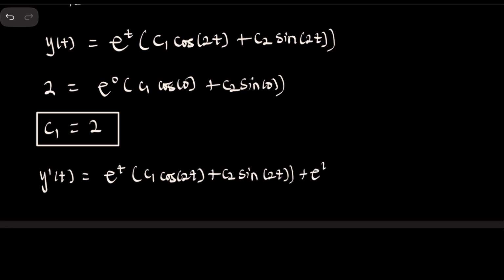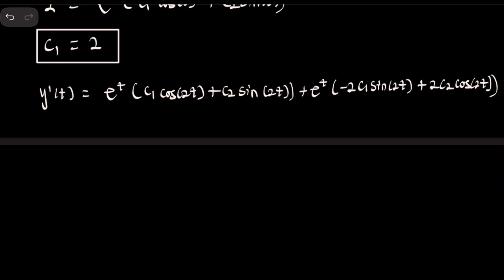So plus e exponent t, so when we differentiate cosine of 2t, we're going to have minus 2 sine of 2t. So that's going to give us minus 2c1 sine of 2t, then plus 2c2 cosine of 2t.